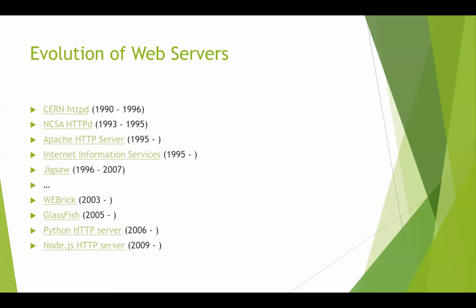One that came shortly after that was the NCSA, once again, HTTPD. It was from the University of Illinois at Urbana-Champaign, and it was among the earliest web servers developed, once again following the protocols for HTTP. So the idea is that we now have TCP/IP, which dictates the networking layer.